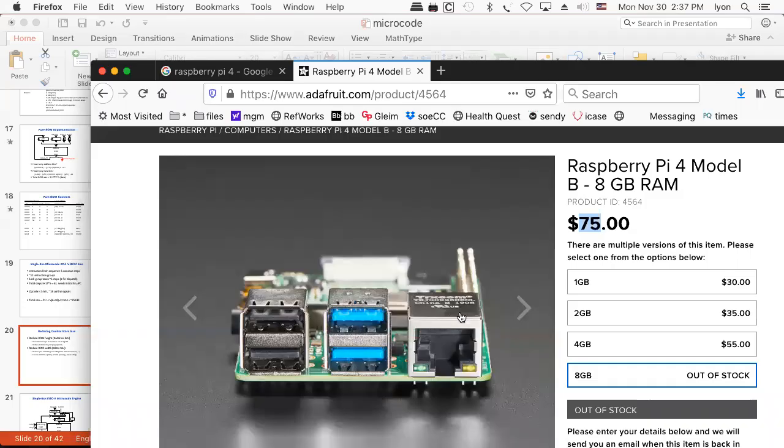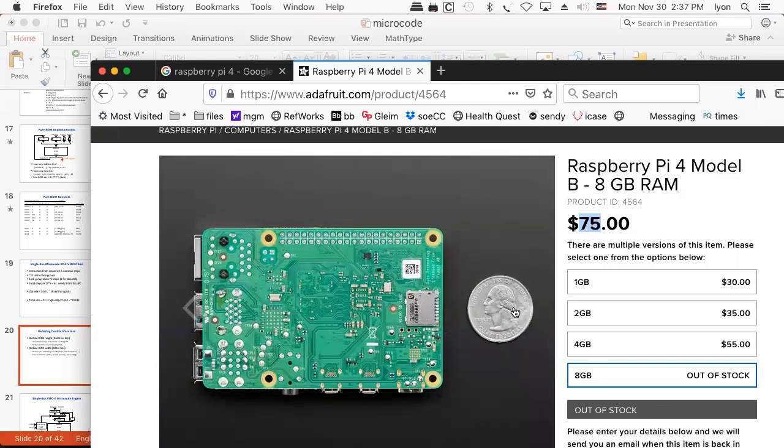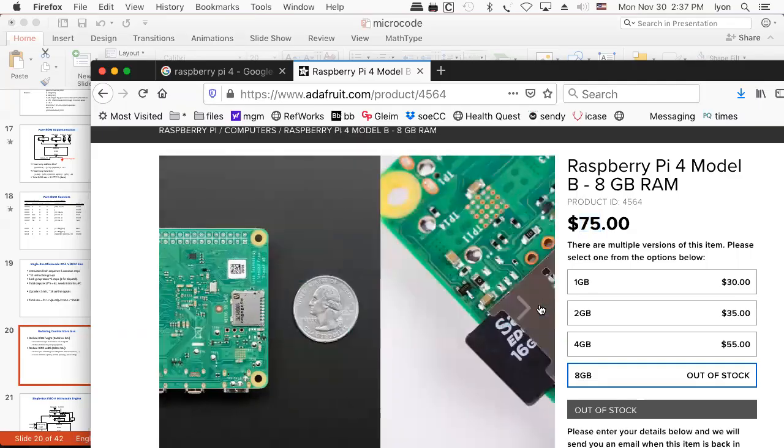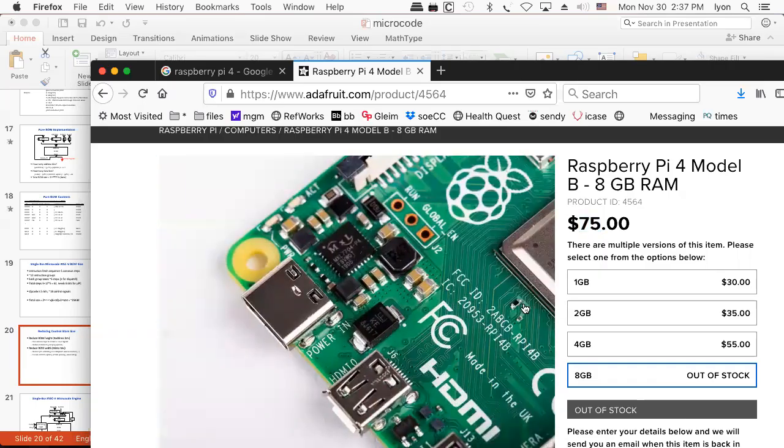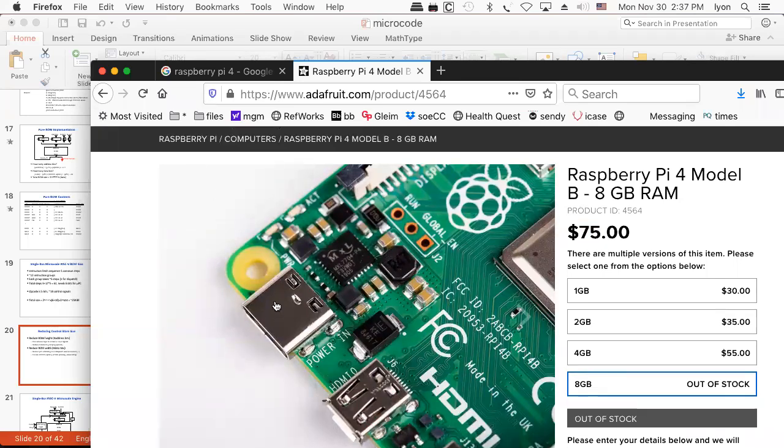USB 2 is over here on the left, and that's the 1 gigabit interface. And this takes a little SD card down at the bottom. That's where your operating system would go. And there's the SD card. And that's about it. That's the system.